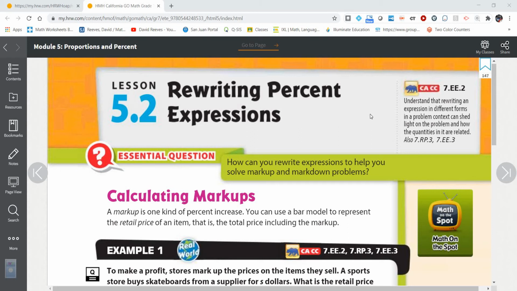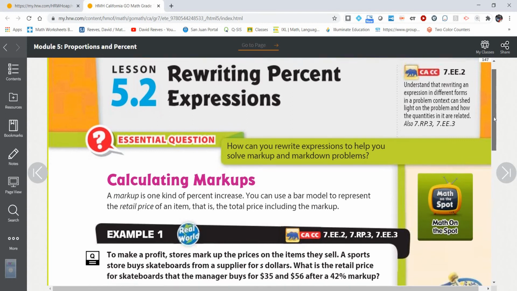So, in our previous lesson, 5.1, we were looking at percent of increase and percent of decrease. Just a reminder, when you have a percent of increase, the value goes up, and when you have a percent of decrease, the value goes down. So kind of continuing with that theme, today we're going to be talking about markups and markdowns.